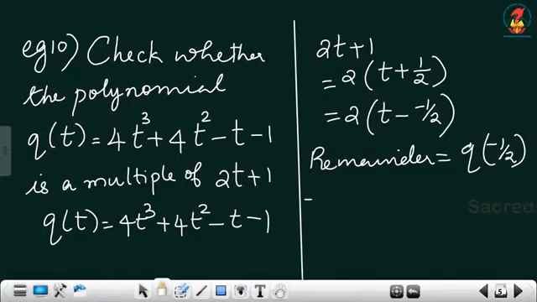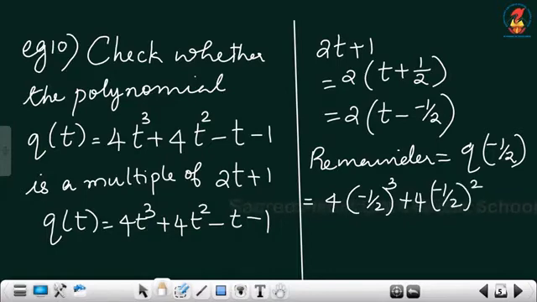which is equal to 4 into minus 1 by 2 whole cube plus 4 into minus 1 by 2 whole square minus 1 by 2 minus 1.